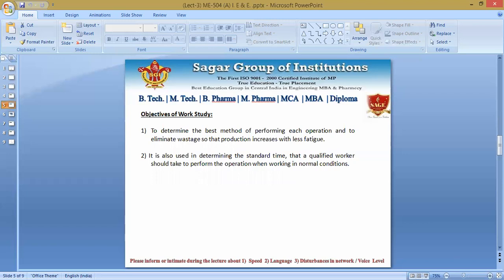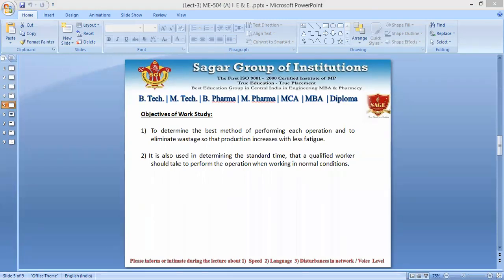Now let us discuss the objectives of the work study. It has two objectives. The first one is we need to analyze the present method. If we have certain existing methods through which we are fulfilling the job production, then we need to analyze the existing method of doing a job systematically in order to develop a new and better method than the existing one.